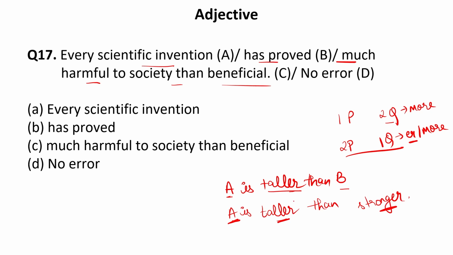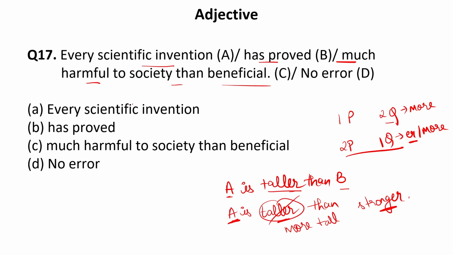In this method of writing, this "taller" word is incorrect. Instead, it should be written: A is more tall than strong. It means there is only one person and two qualities have been compared.